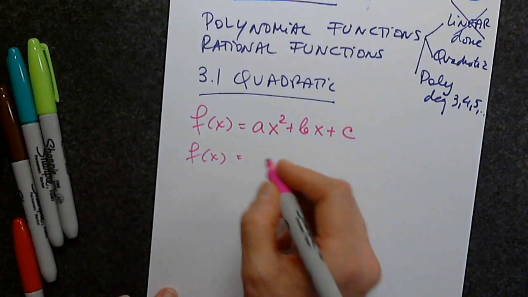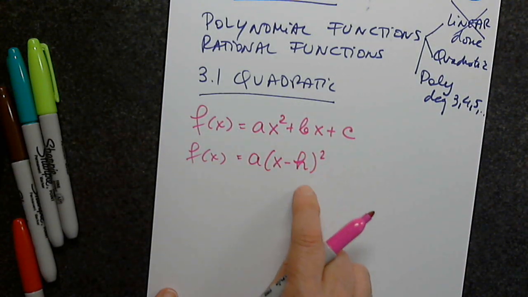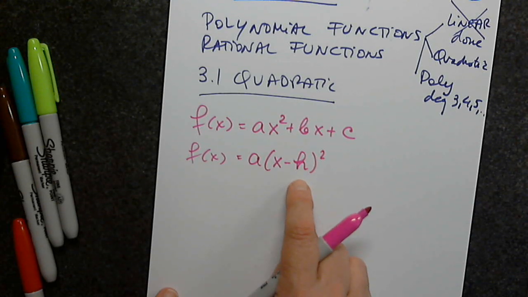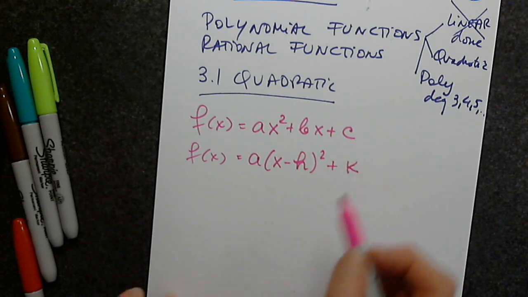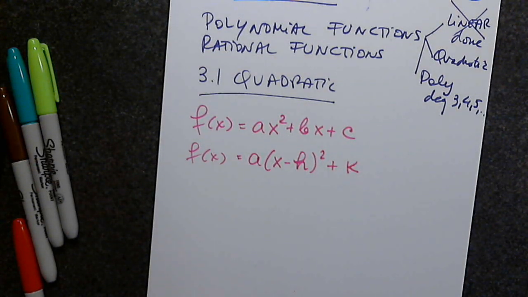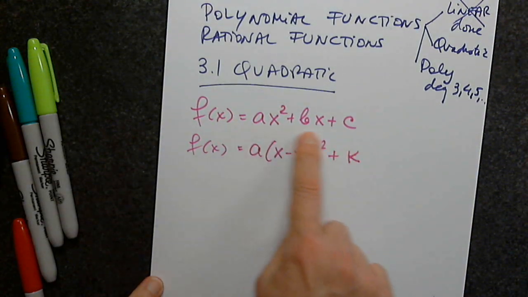And here's the other way, a in parentheses x minus h squared plus k. The h is not to be confused with the x-coordinate of the center of the circle. It has nothing to do with that. It happens that we like to use this h and k, but they are not connected at all to what we've just seen in circles.